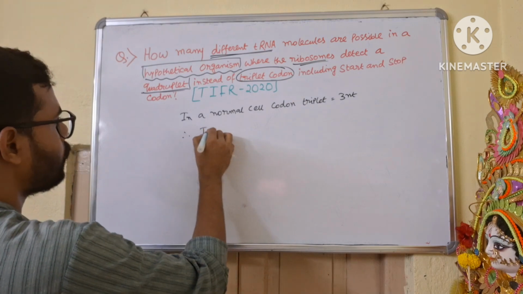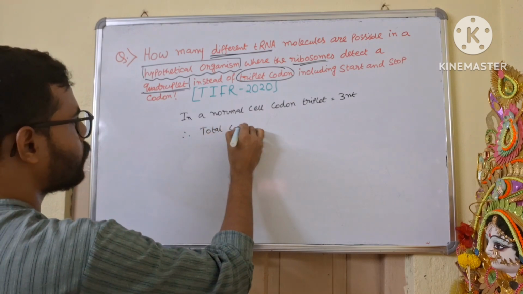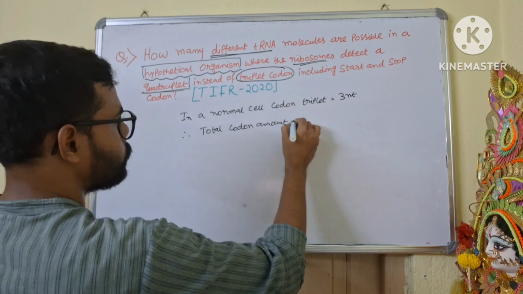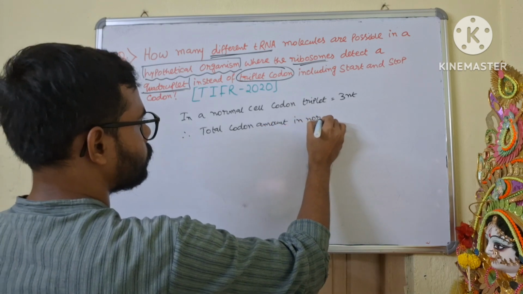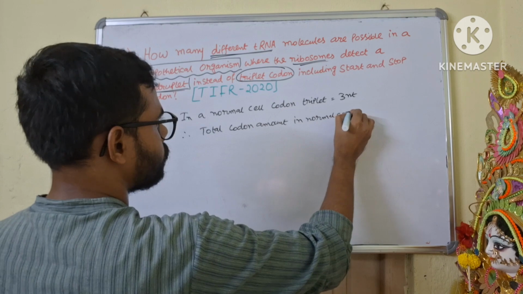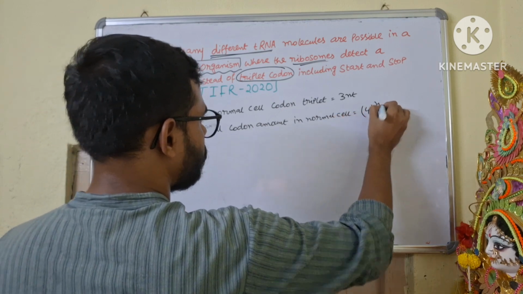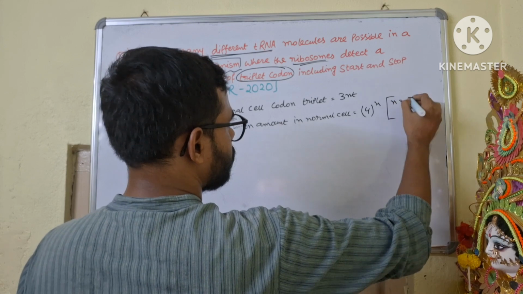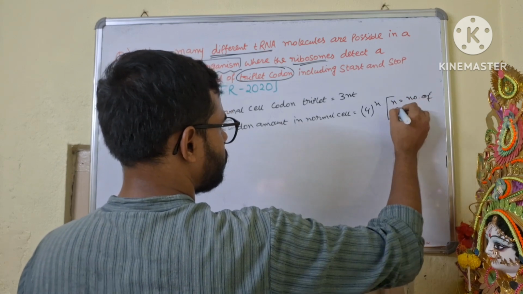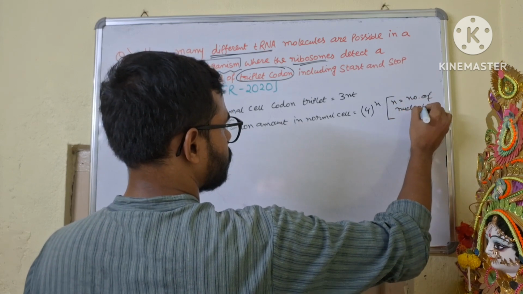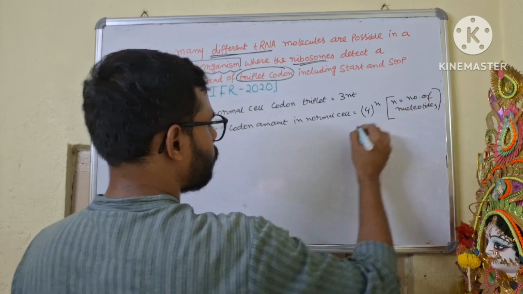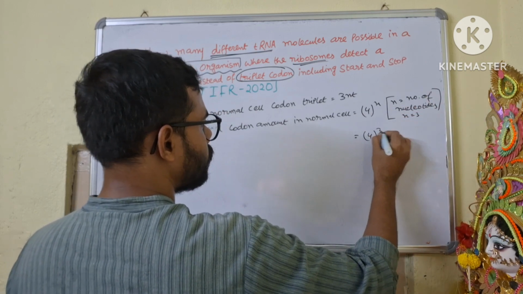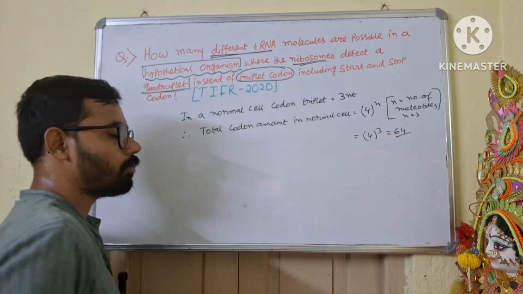So the total number of codons in a normal cell is 4 to the power n. The formula is 4 to the power n, where n means the number of nucleotides. So in a normal cell, n equals 3. That means 4 to the power 3. So the total number of codons will be 64.